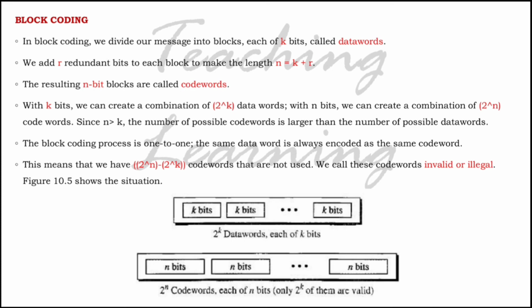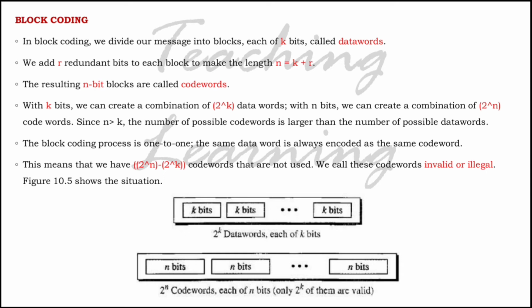Next we are going to discuss block coding. In block coding we divide our message into blocks, each of k bits, called data words. We add r redundant bits to each block to make the length n equal to k plus r, and the resulting n-bit blocks are called code words.